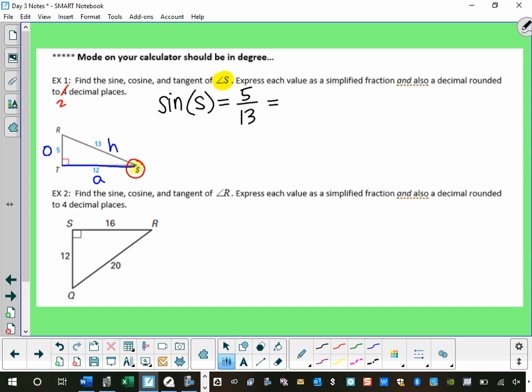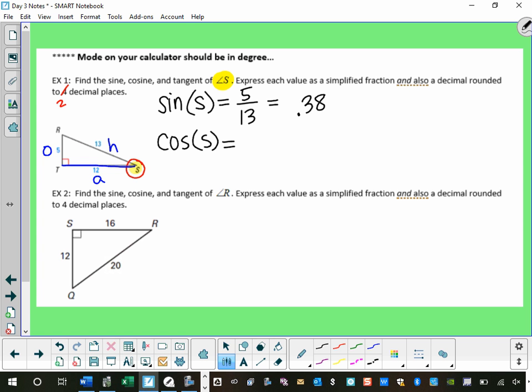I got 0.38. What's that third digit? Yeah, so if it's less than 5, it stays the same. So sine of S is 5 over 13, which equals 0.38. Alright, let's do cosine of S. For cosine, I need adjacent over hypotenuse.